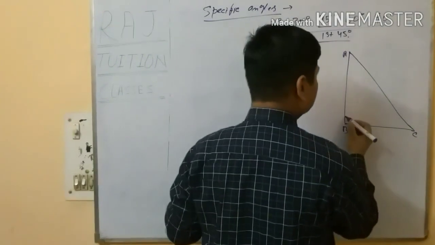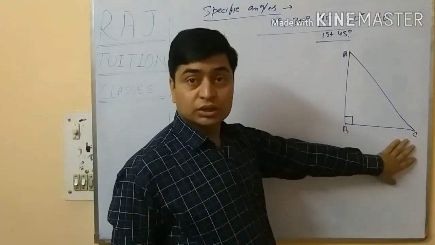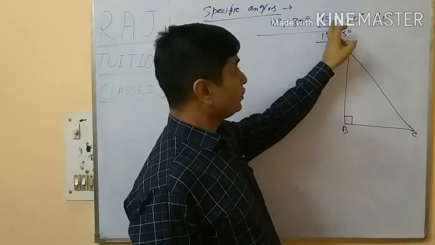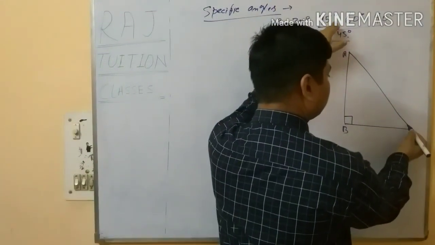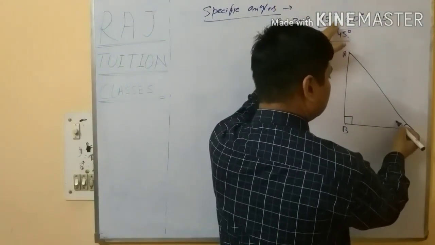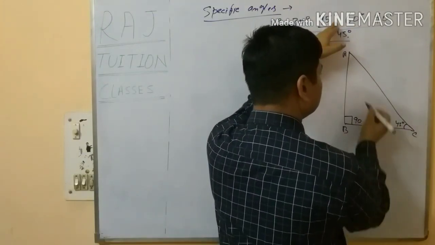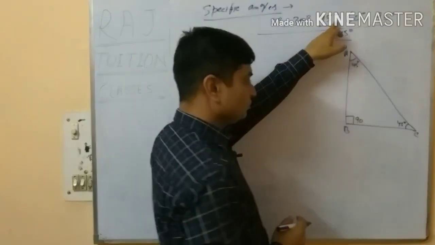This triangle is right angled at B. A and C are acute angles. So I want to find out the ratios for 45 degree. That means I have to draw a triangle having an angle of 45 degree. This one is 90 degree. So of course this will also become 45 degree.